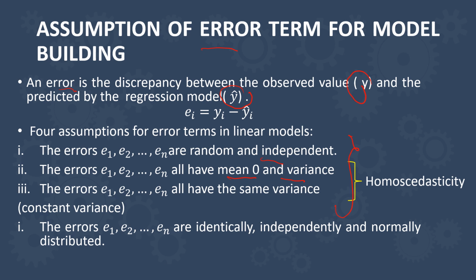The third: the errors should have the same variance across all levels of the independent variable. This is also called homoscedasticity. And the fourth: the errors should be identically, independently, and normally distributed. These assumptions help us make sure that our regression model is accurate and the results are valid.